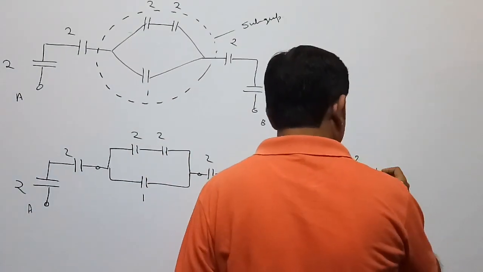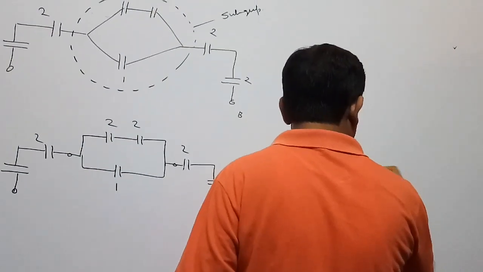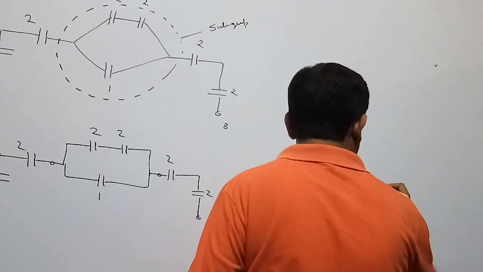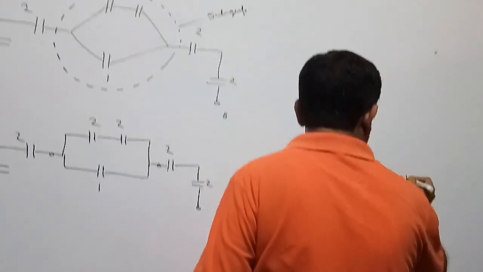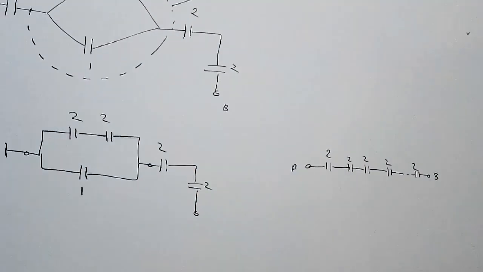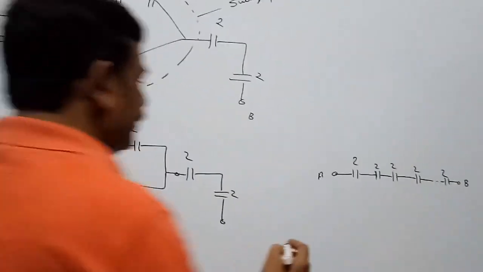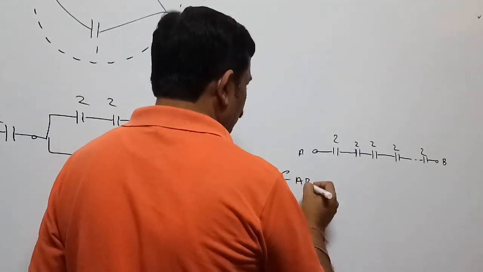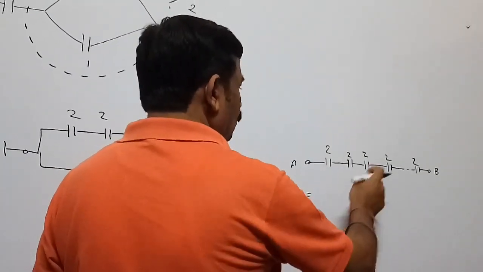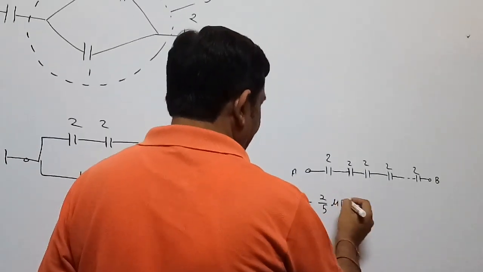Then net capacity of this is 2. Then this capacitor is shifted towards the right side. Now very easily we can say that with respect to points AB, all 5 are in parallel. So the net capacity of the combination with respect to points AB will be 1 upon C is equal to 1 upon 2 plus 1 upon 2 plus 1 upon 2, 5 times, that is 2 by 5 microfarad.